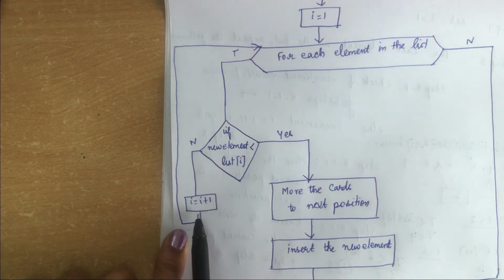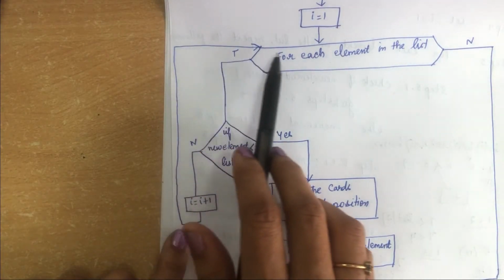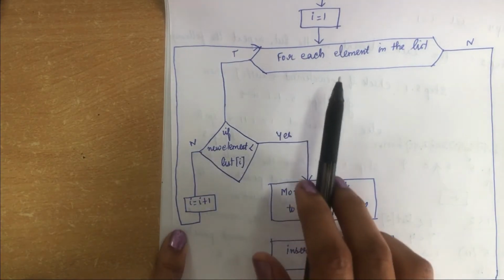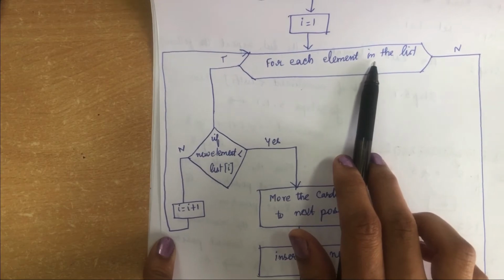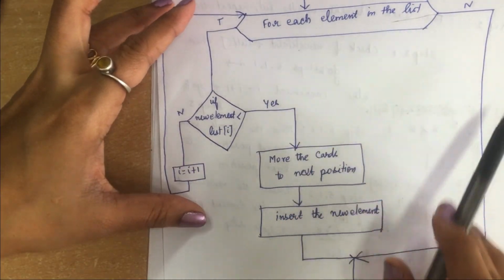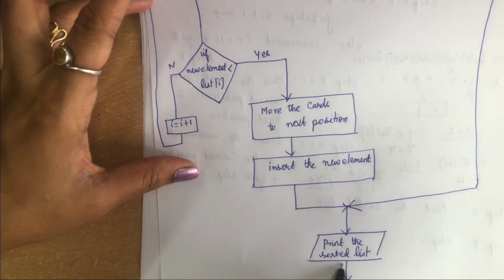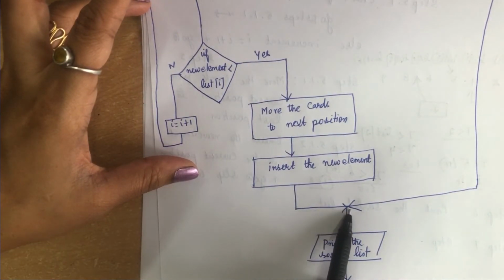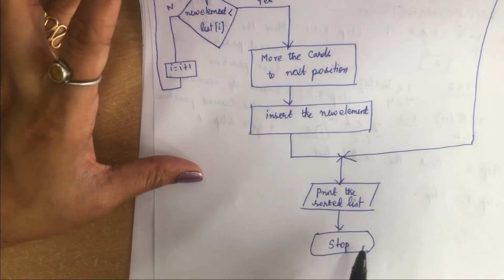If the condition is false, I'll increment I equal to I plus 1, take the next element from the list and compare. Once I have completed all the elements in the list, it will come here and print the sorted list. After inserting also, it will come to the sorted list and stop.